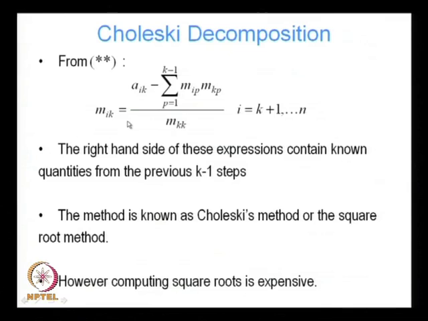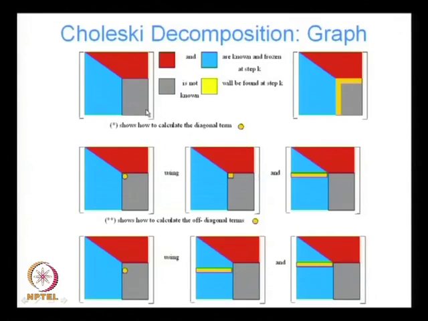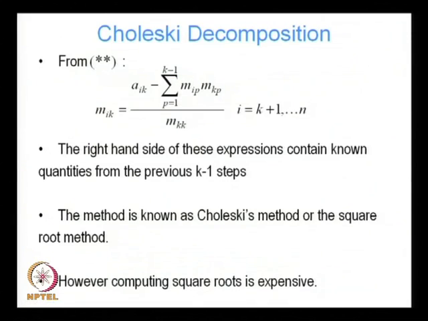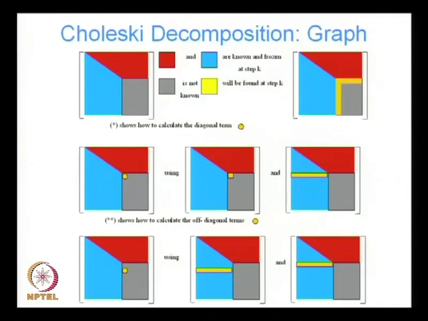This equation can be rearranged, basically I am rewriting it: MIK is equal to AIK minus sigma p equal to 1 to k minus 1 MIP MKP, divided by MKK, for I equal to k plus 1 through n. And you can see from our previous picture, if we want to update this element on the column, we just need to take the product of this row vector with that column vector.